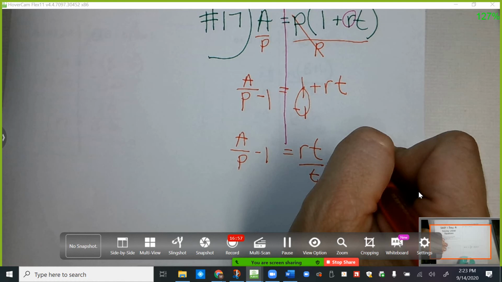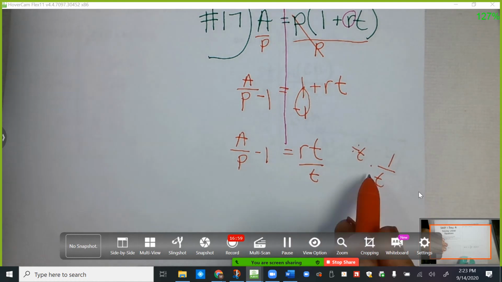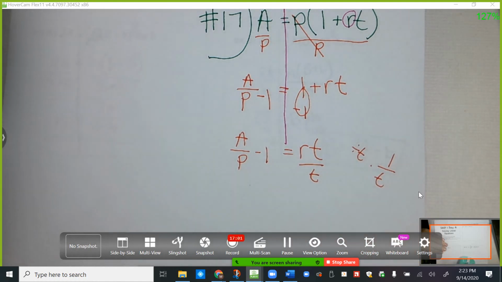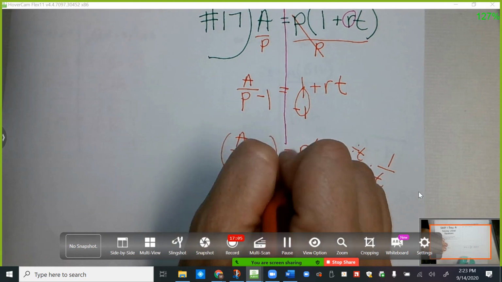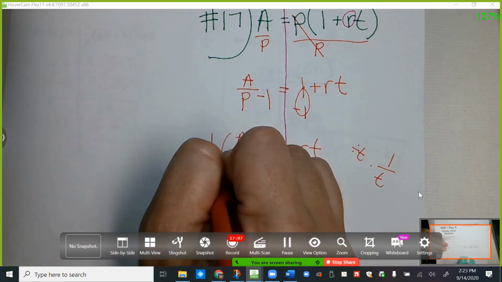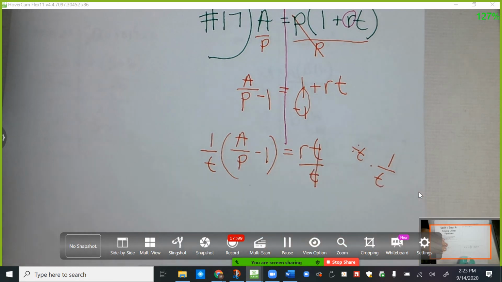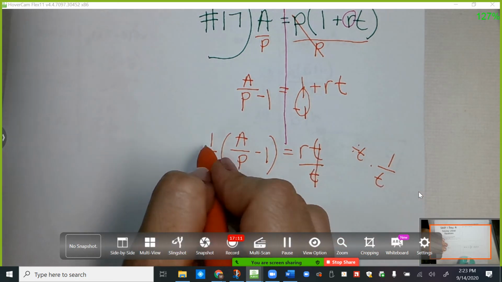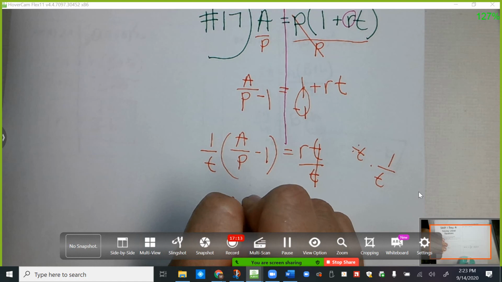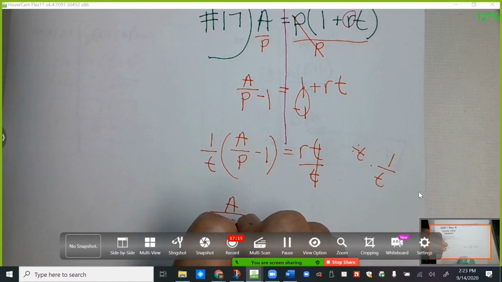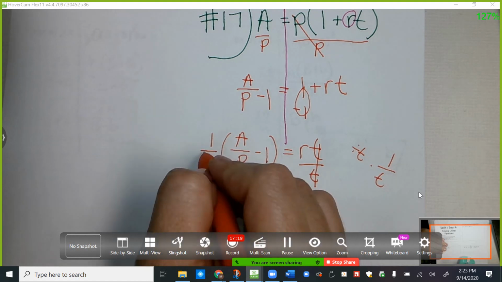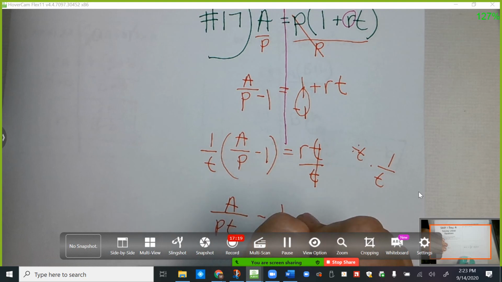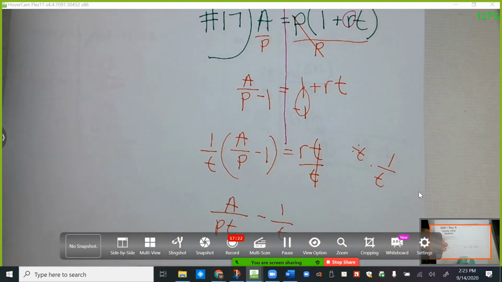Divide t is the same thing as multiplying by 1 over t. Okay, so here the t's cancel. Here 1 times a is a, t times p is pt. 1 times negative 1 is negative 1 over t. There's your answer.